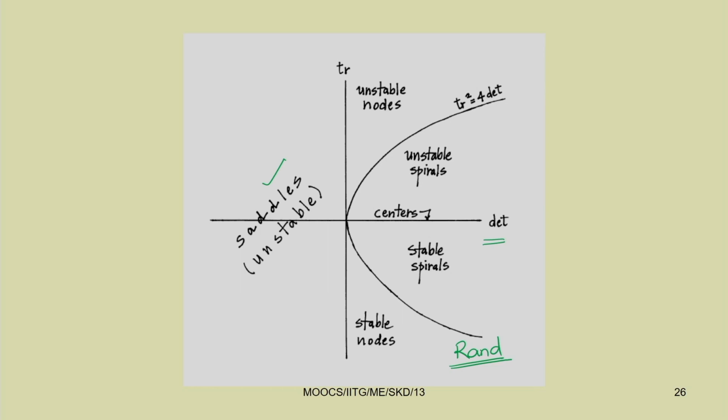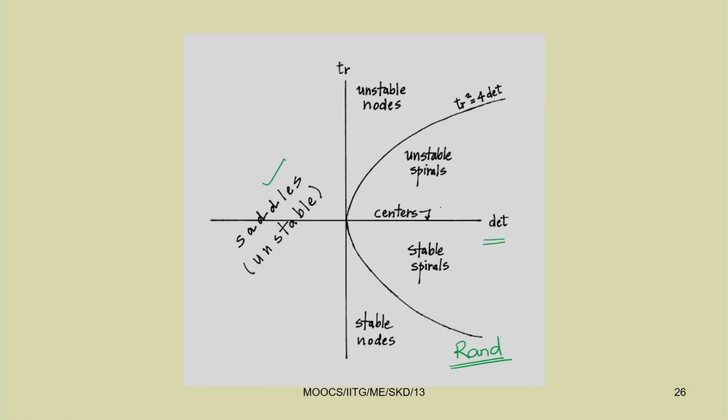In that case one of the eigenvalue real parts becomes positive. That is why you will get the saddle points, and here also different types of things are there, with examples I will show.